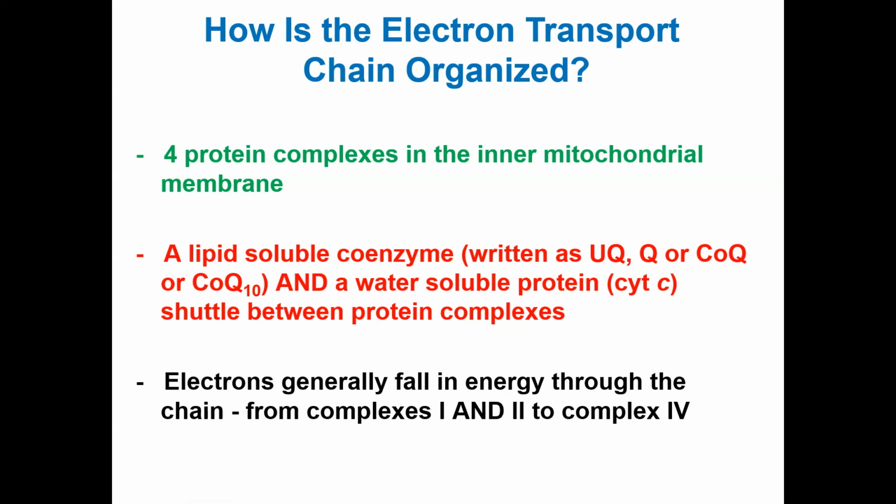And in general, no laws of thermodynamics are violated in this process. Remember, they are still upheld. So electrons generally fall in energy through the chain, for example, from complex 1 and 2 to complex 4. Okay, so they are downhill.